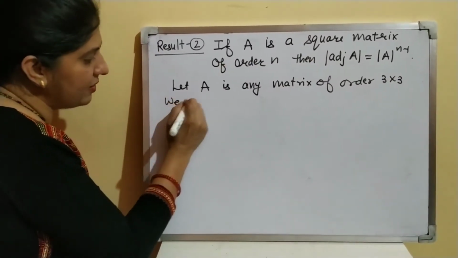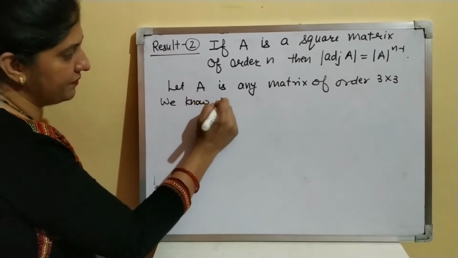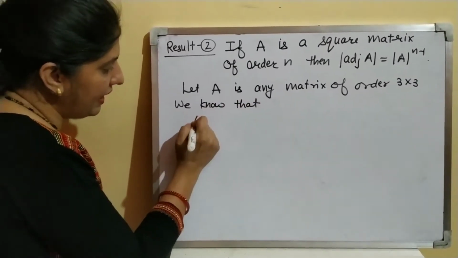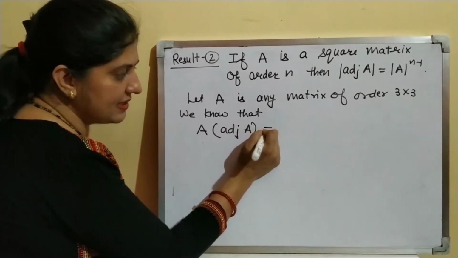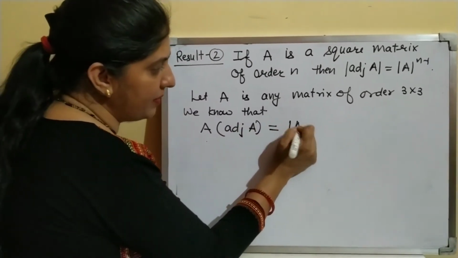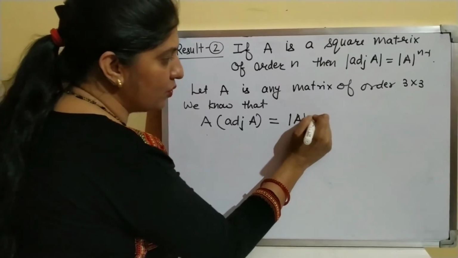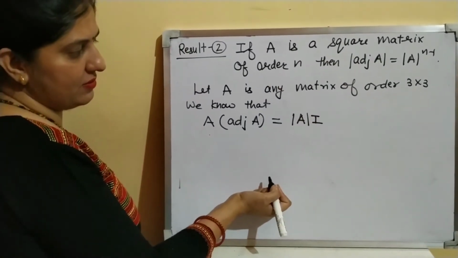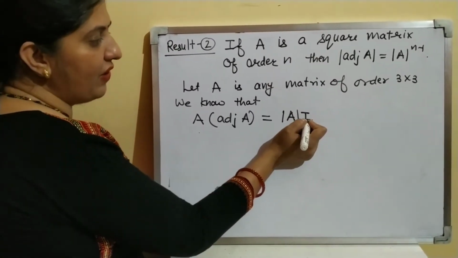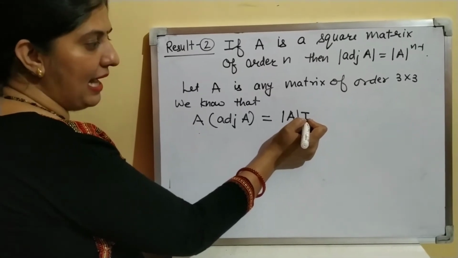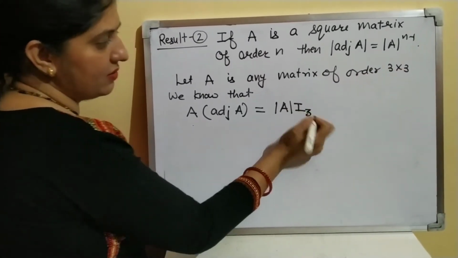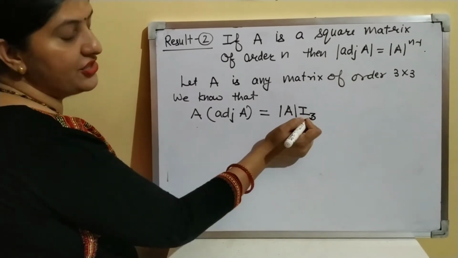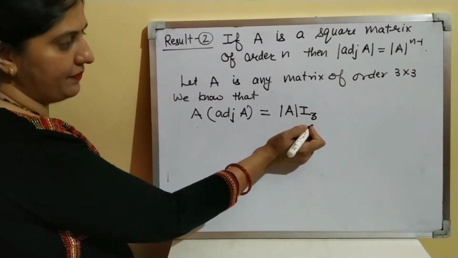And we know by the above result, A into adjoint of A is equal to determinant of A into identity matrix. The order of the identity matrix is the same as the order of A, and order of A is 3 here. So the order of the identity matrix is 3.